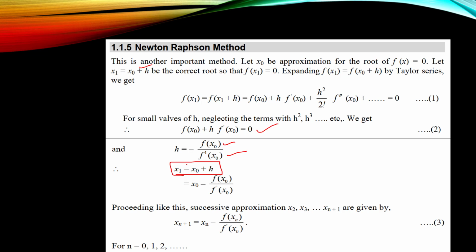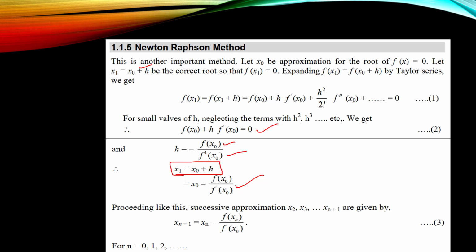So rearranging the equation, we have x1 is equal to x0 minus f of x0 by f dash of x0. Proceeding like this, we can get the successive approximations x2, x3, xn, xn plus 1, etc.